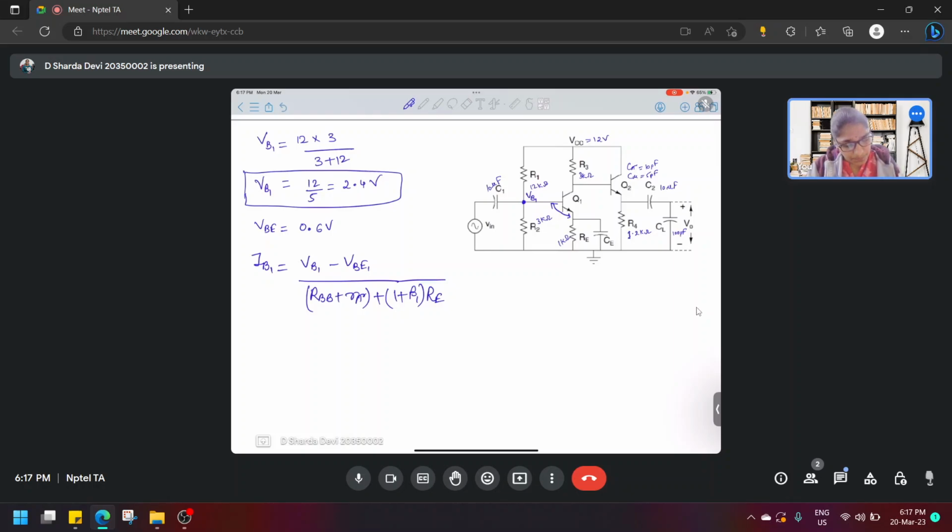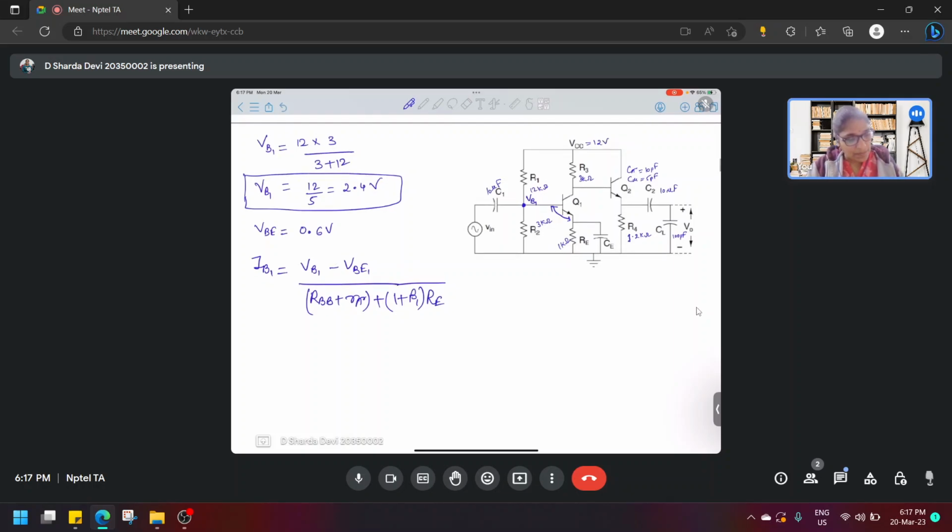Here, if we see carefully, the base resistance RBB and R pi will be very small compared to beta times RE. Since RE is 1 kilo ohm and beta is 180, it is about 180 kilo ohms, which will be much higher than RBB plus R pi, right? R pi will be a small value and RBB is the combination of these two, R1 and R2.